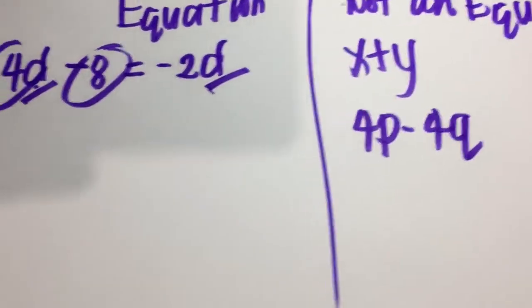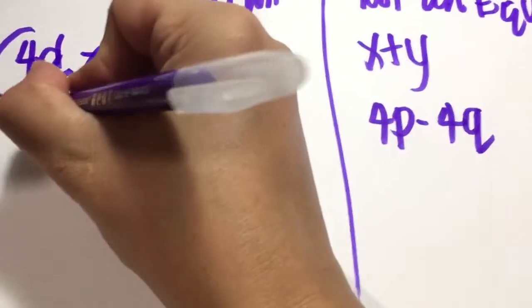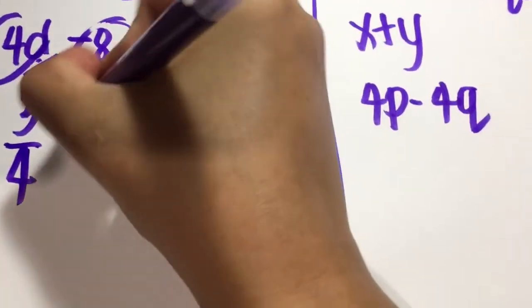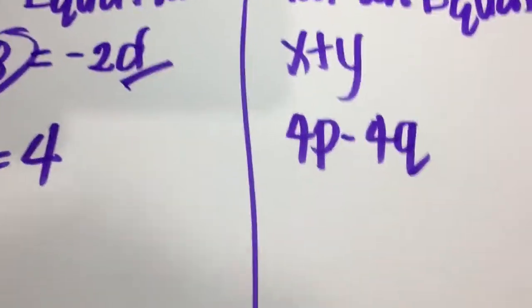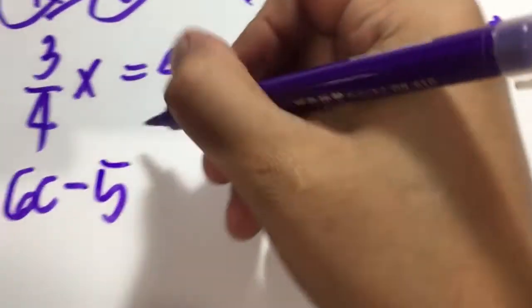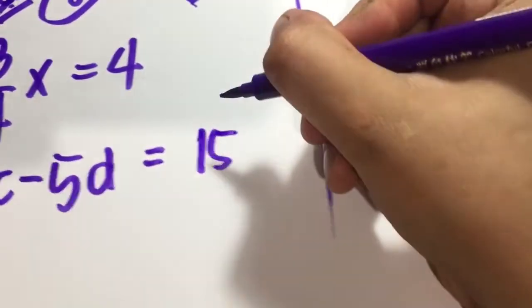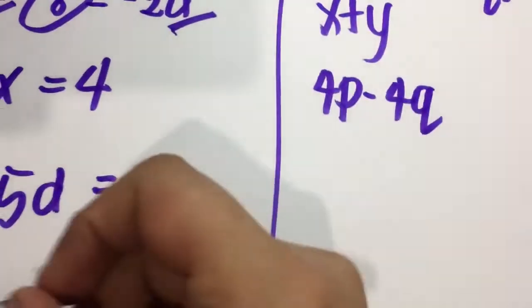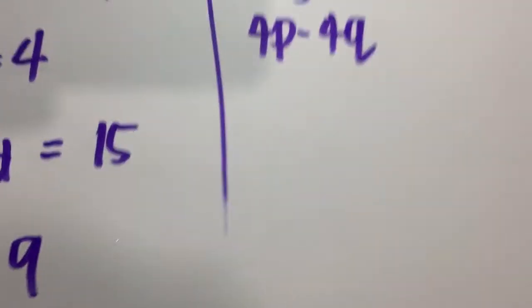So definitely, it's not an equation. 3/4 of x is 4 is an equation. 6c minus 5d equals 15 is an equation. And so with a minus 1 equals 9 is also an equation.